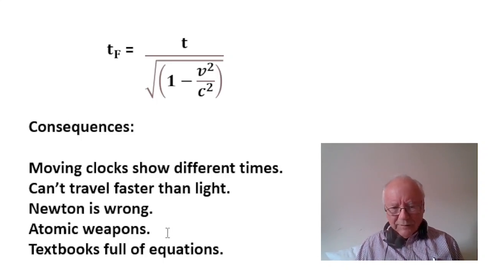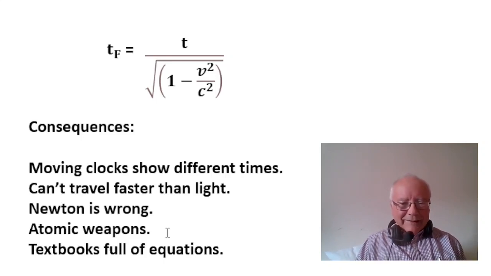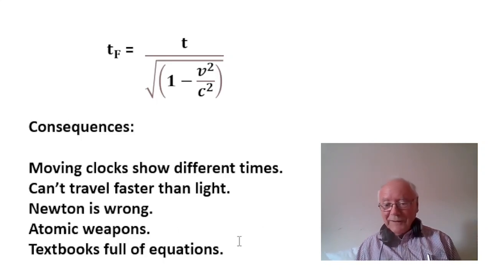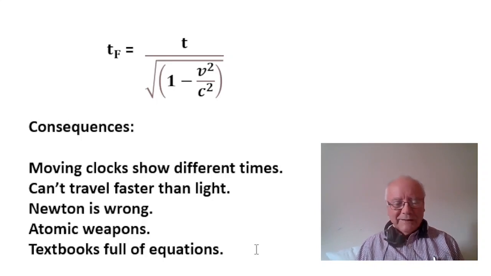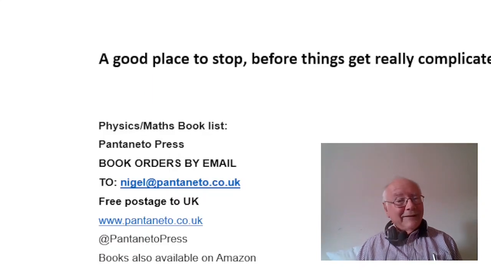The fourth consequence is, of course, atomic weapons. The fifth consequence, which is relevant to us particularly, is you get textbooks full of equations. Some of these equations can be really complicated. So this is a good place to stop before things get really, really complicated.